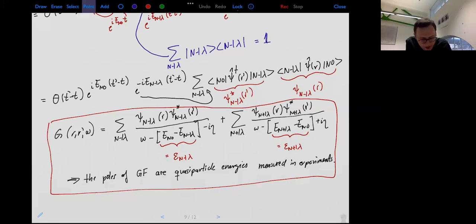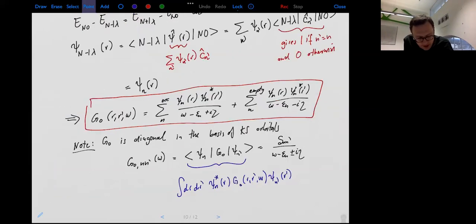And the important finding was that the poles of the Green's function in frequency space are precisely the quasi-particle energies that are measured in photoemission and tunneling and transport experiments. So this is why the Green's function is such an important quantity, because of this property.